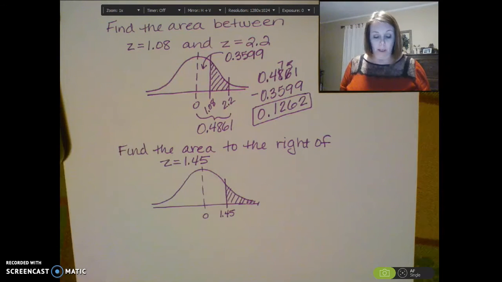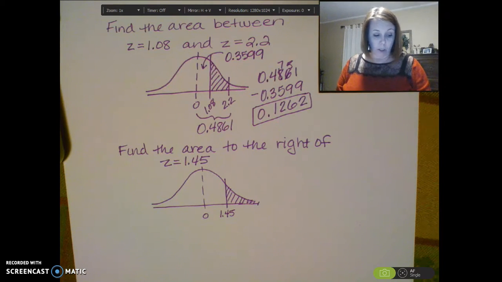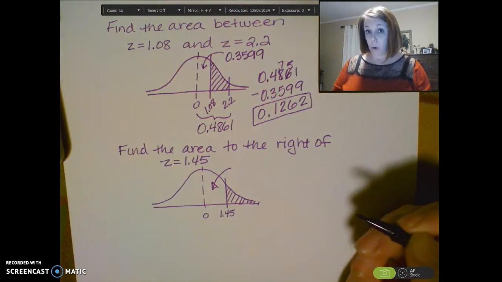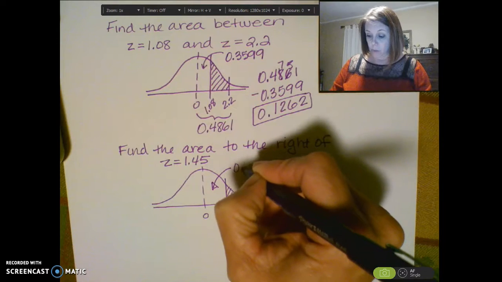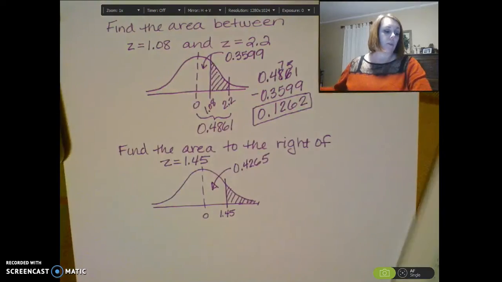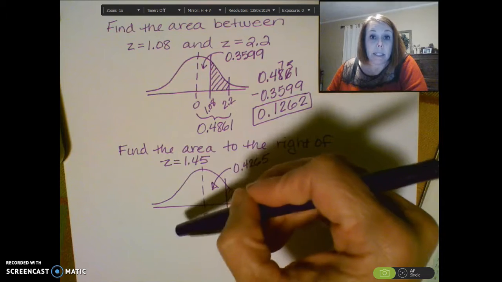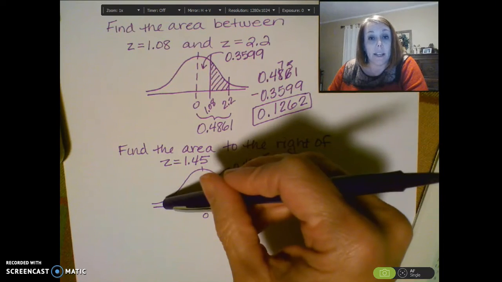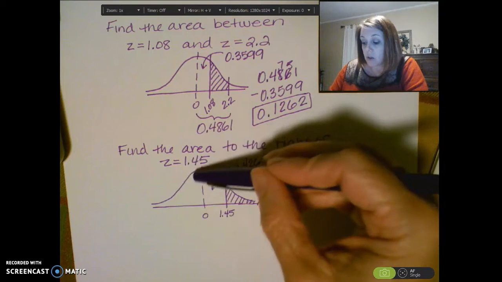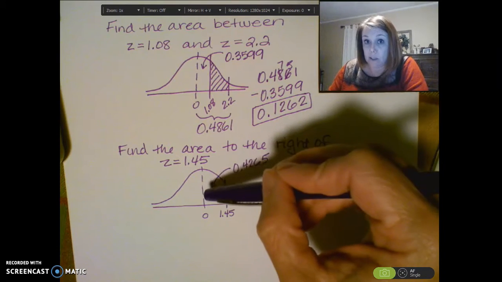So if we look up 1.45 on our table, we end up with 0.4265. So this area between 0 and 1.45 is 0.4265. Now you'll recall that we said before that the mean divides the area in half. Half of the area is on one side, half the area is on the other side. So this entire right side to the right of 0 is 0.5.